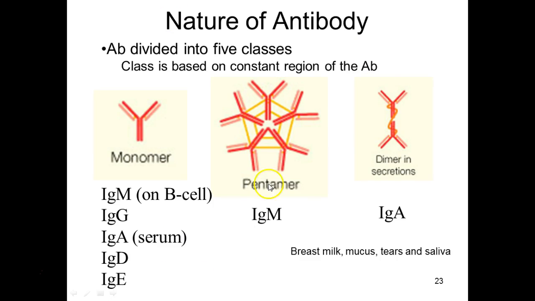IgM, not quite the same story, although you can see the FC portions all kind of pointing in. The immune system can still interact with this one. But again, 5 monomers, right? Why a pentamer? What does that increase? Amount of antigens it can bind to, right? How many antigen binding sites do we end up having now? 10, right?